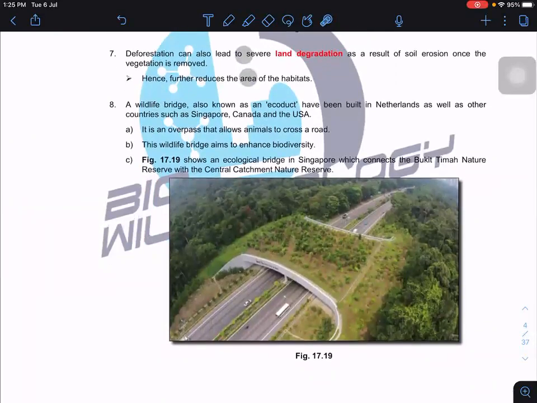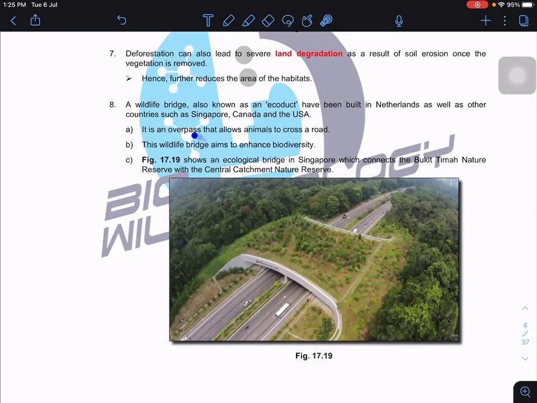In some countries like Singapore, Canada, or USA, because there is no choice in terms of development, we need to build a highway, we need to build the infrastructures for trade, for the economy. We don't have a choice, but what we can do between two fragmented habitats is use what we call the eco bridge or eco duct, allowing the organism or the animal to move across.